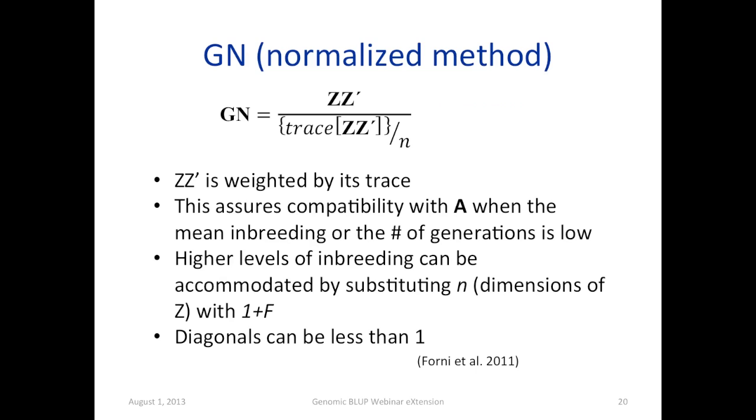In the formula, N is the dimension of the matrix. And if the inbreeding is high, N can be substituted with 1 plus the inbreeding coefficient. So the diagonal elements can be less than 1.